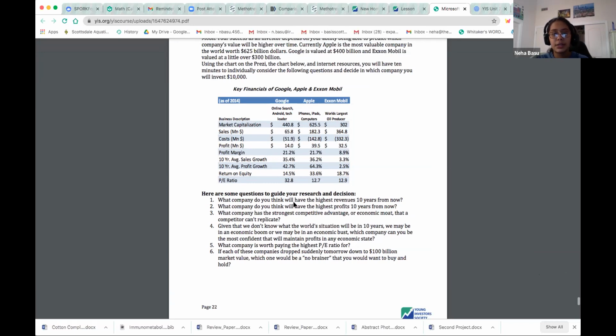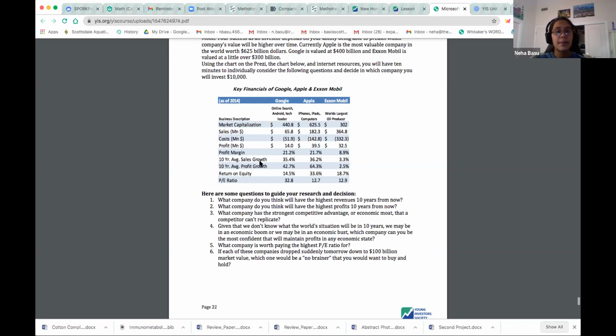So I can get us started. You're going to expect high revenues if you currently have a high rate of growth. So we can look at the revenues right now. So right now you have a sales of 65.8 million for Google, 182.3 for Apple, and 364.8 for ExxonMobil. So it looks like ExxonMobil currently has the highest revenue out of these three companies.